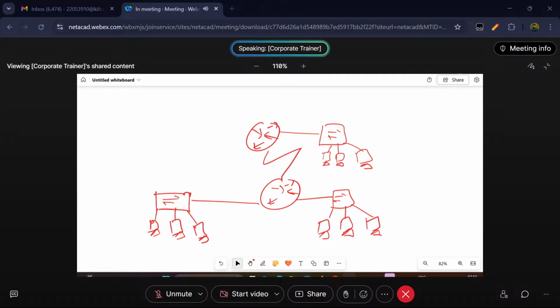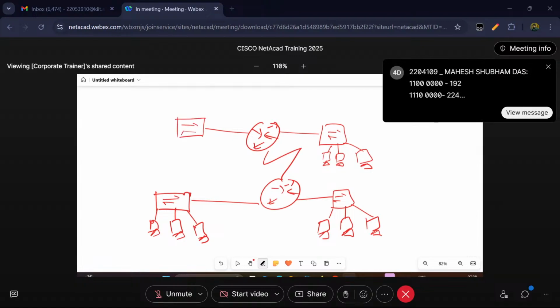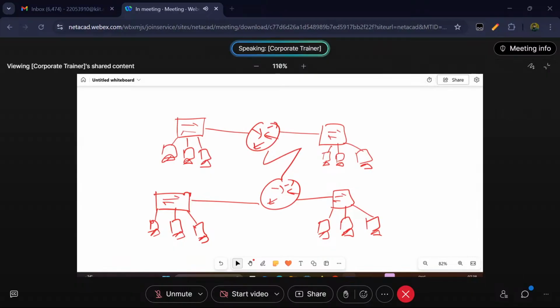Here also we have another switch. Right. Just tell me, without subnetting, how many networks will be required?